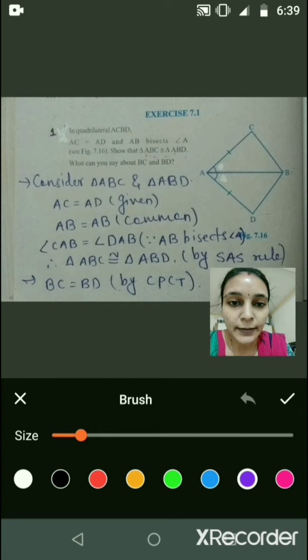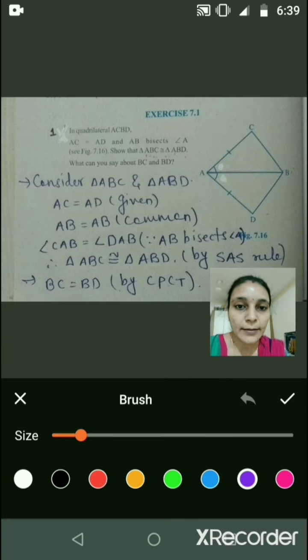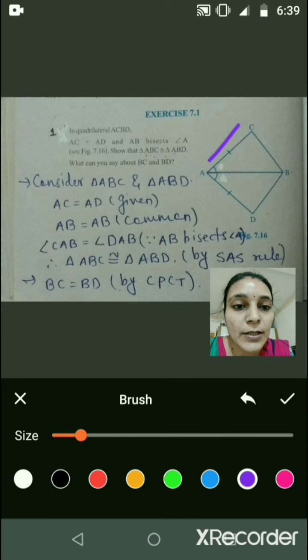Consider the triangles ABC and ABD, an upper triangle and a lower triangle. In these two triangles, can you say AC is equal to AD?